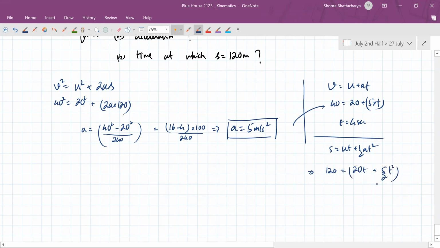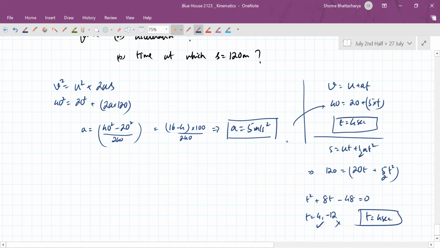This will be a bit lengthier, but that can be done. This can also be used.